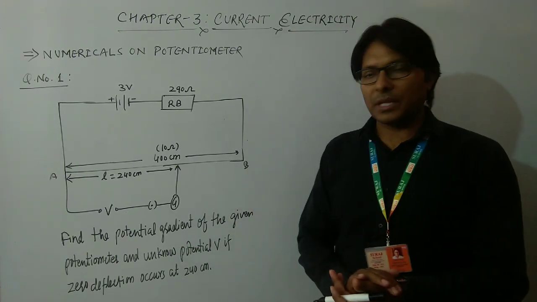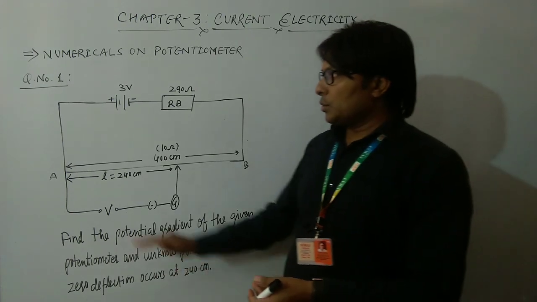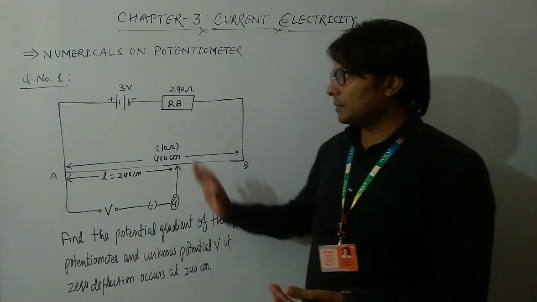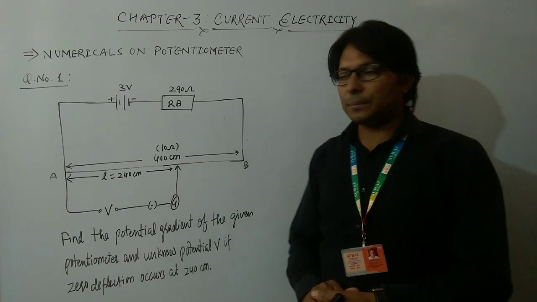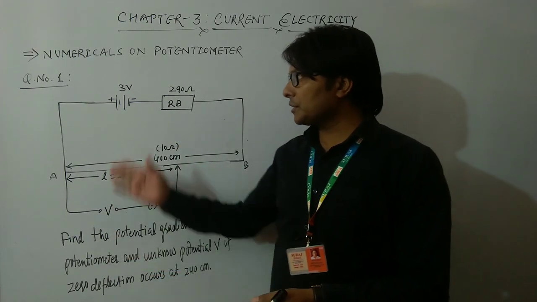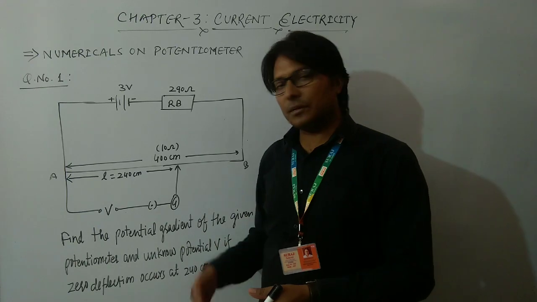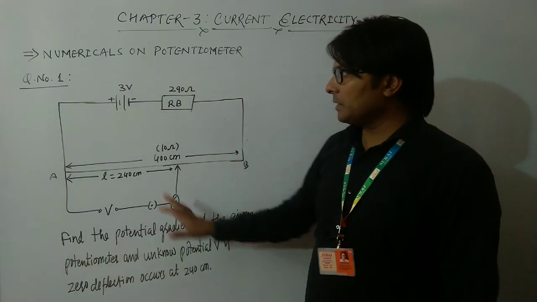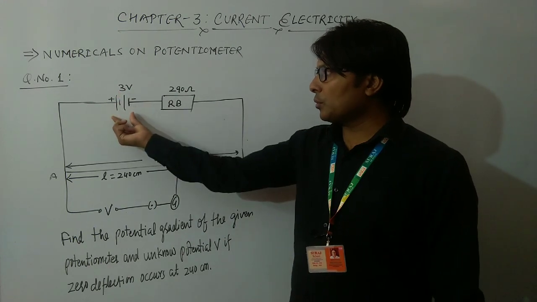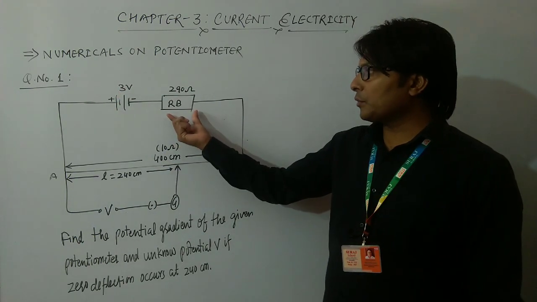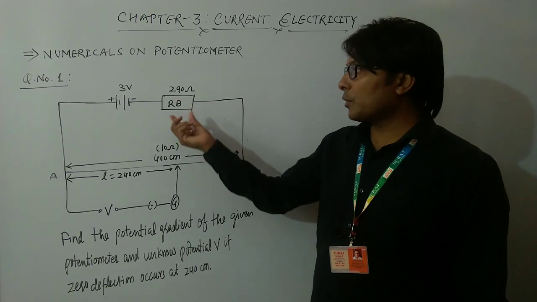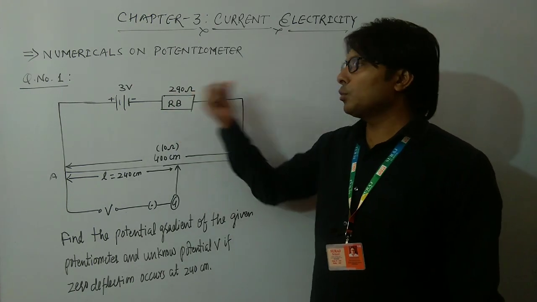Okay, so I have taken this very first question from a CBSE exam. First we will read out this question and thereafter we will try to solve it. This diagram has been given. This is the 3 volt driver cell, and this is the resistance box, the resistance we have used from it, that is 290 ohm.